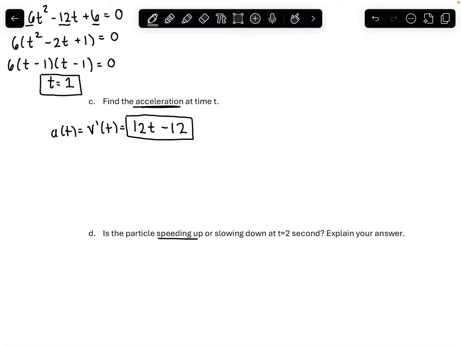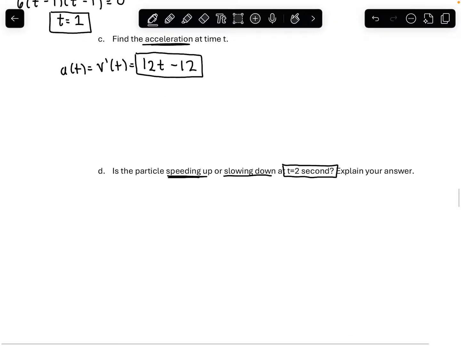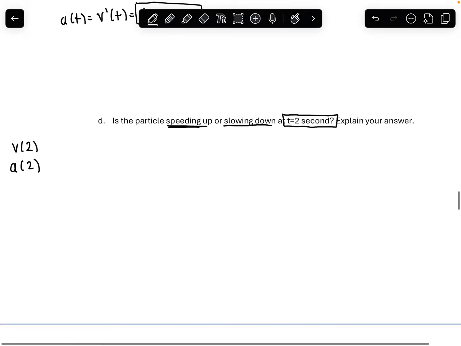Now it's asking me to figure out if the particle is speeding up or slowing down at t equals 2 seconds. We need to check two things here, all right? We need to check the velocity at 2 and the acceleration at 2, okay?